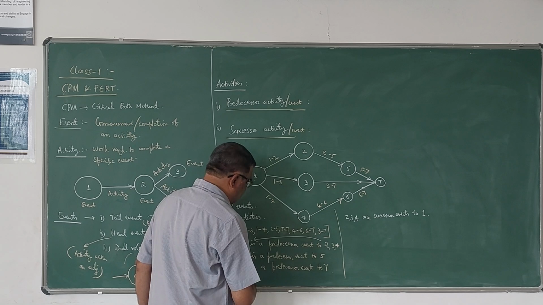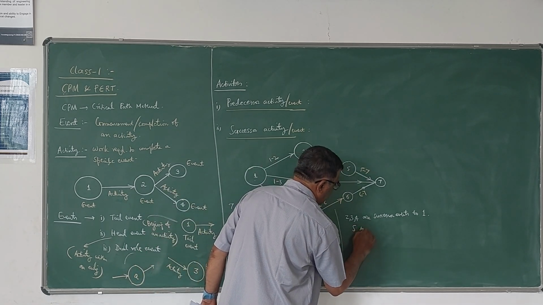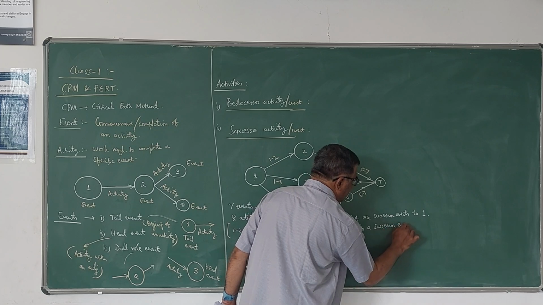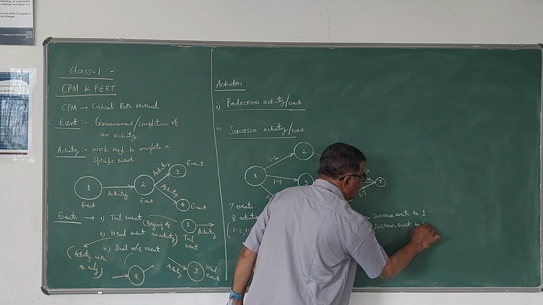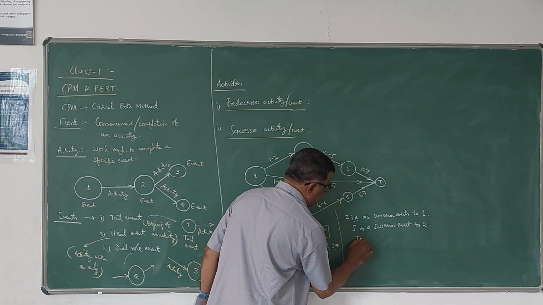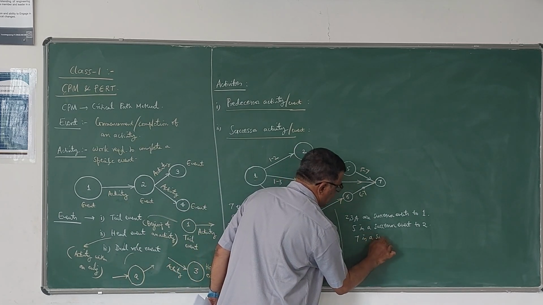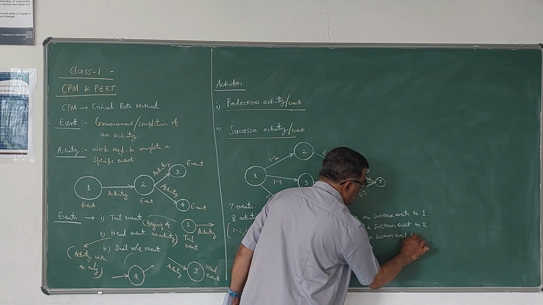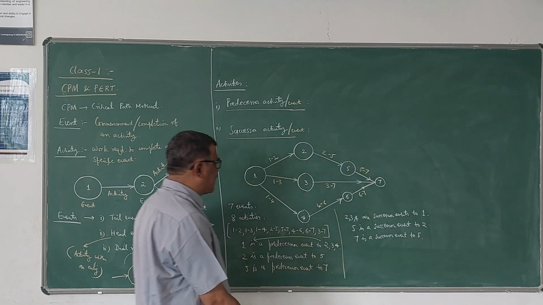5 is a successor event to 2. 7 is a successor event to 5. So like this we can write.